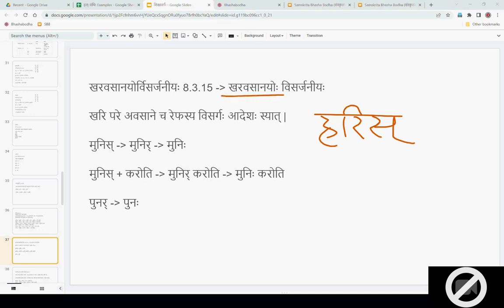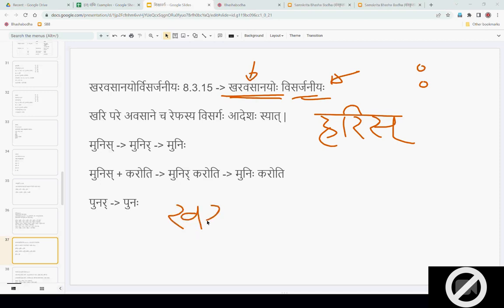What this first thing means here: visarjaniya means visarga. So the second part is clear. Then Kharavasanayoh means what? Khar and avasanayoh. So this also has two parts in it.